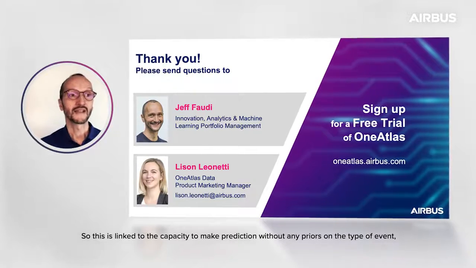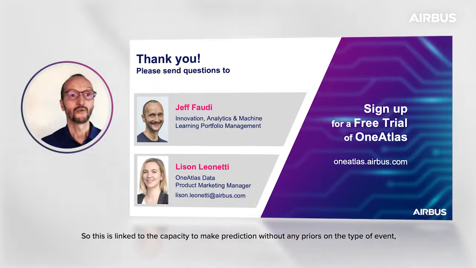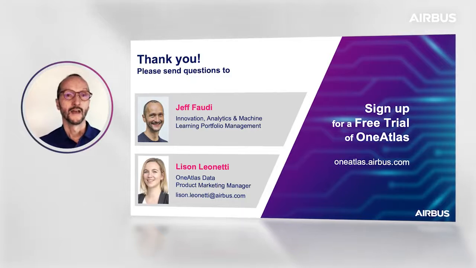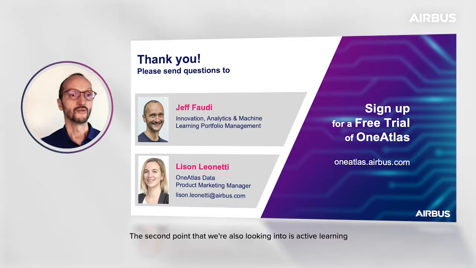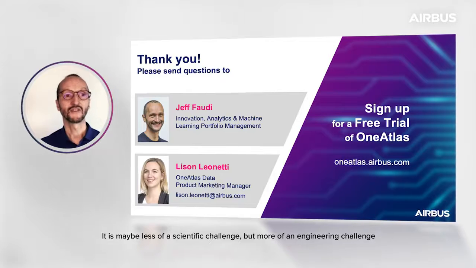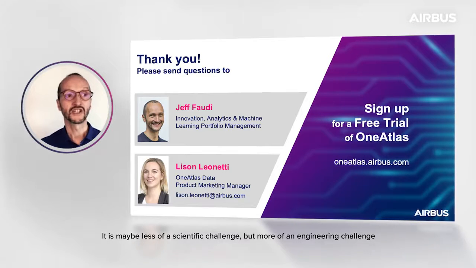So this is linked to the capacity to make predictions without any priors on the type of event or object that we're looking for. The second point that we're also looking into is active learning. How can we create AI that gets better and better every time it is used on new imagery? It is maybe less of a scientific challenge, but more of an engineering challenge.